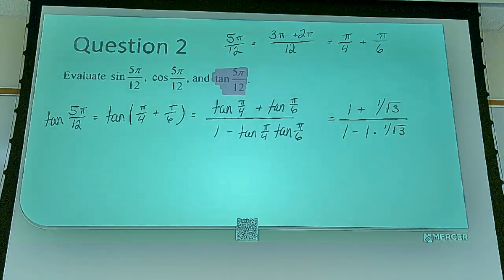Clear the complex fraction, compound fraction, by multiplying numerator and denominator by root 3. Root 3 plus 1 over root 3 minus 1, which is what you should have expected.